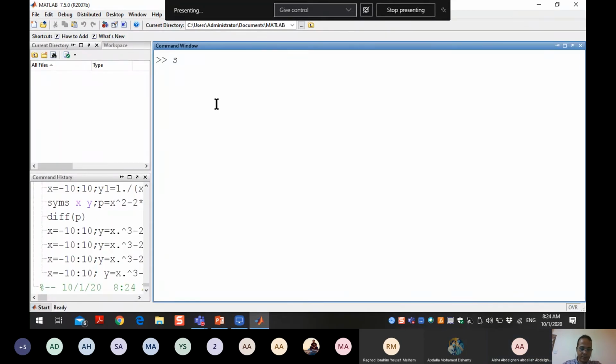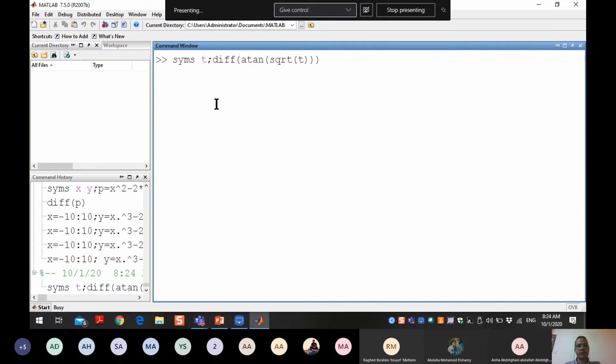This is syms t, with no space here. diff is the command for the differentiation. Open the bracket, atan means tan inverse, open bracket, sqrt, open bracket, this is my t. Close this one, and this one, and also this one, right? Yes, I can read this one.